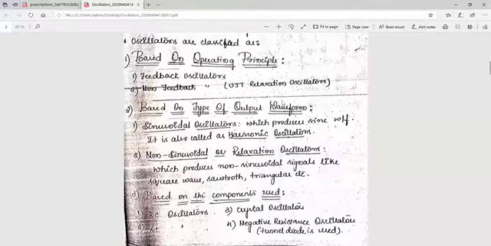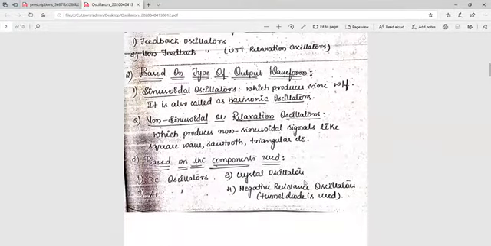Based on the type of the waveform: if the waveform produced out of the oscillator is sinusoidal, producing a sine waveform, it is also called a harmonic oscillator. Non-sinusoidal ones, also called relaxation oscillators, produce non-sinusoidal signals like square wave, sawtooth wave, and triangular wave kinds of oscillations, shape of oscillations.